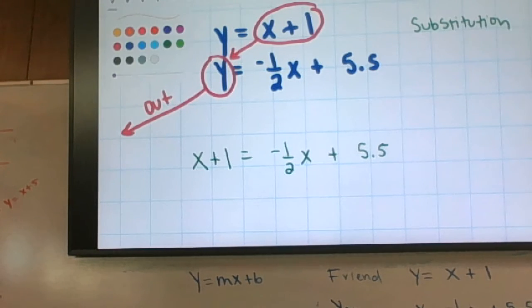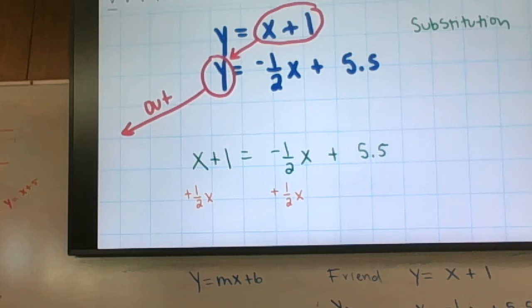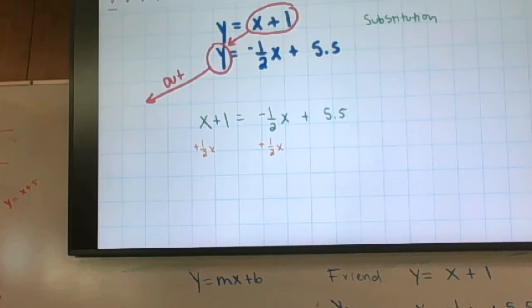It's okay. I'm going to plus 1 half x to the other side. That's 3 over 2x.